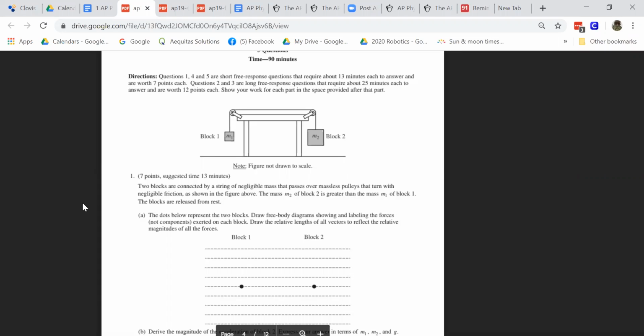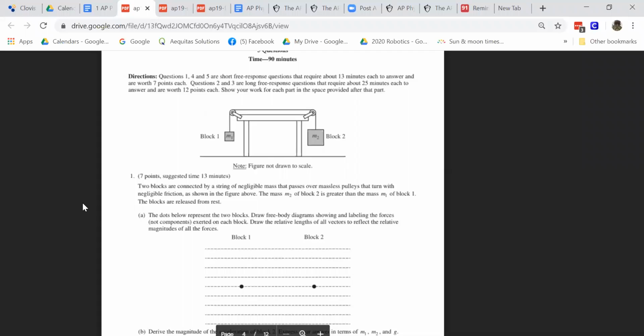Okay. So the dots below represent the two blocks. Draw free body diagrams showing and labeling the forces, not components, exerted on each block. Draw the relative lengths of all vectors to reflect the relative magnitudes of all the forces.